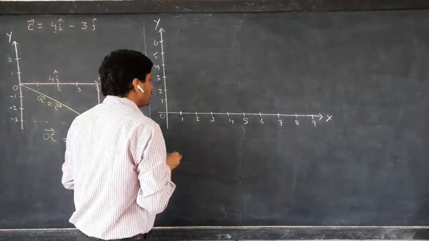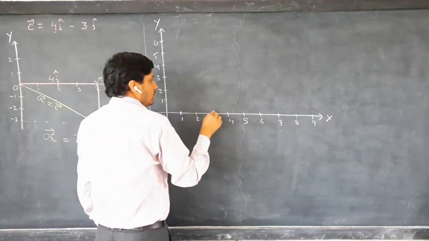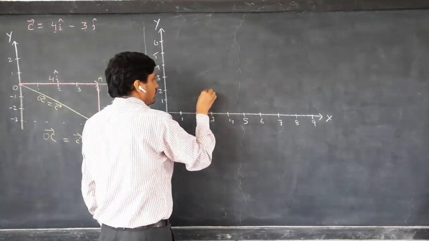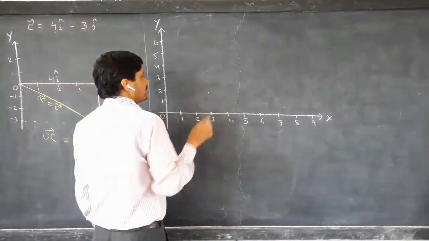Suppose we have a vector whose end point is this one.